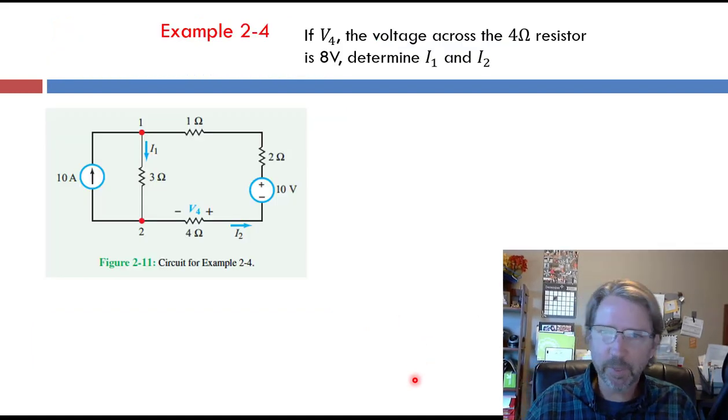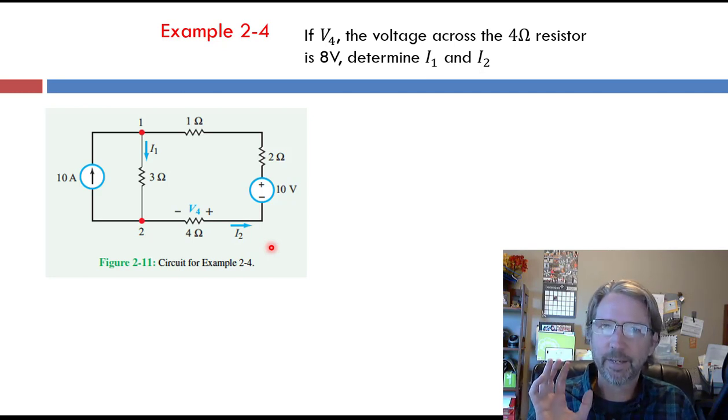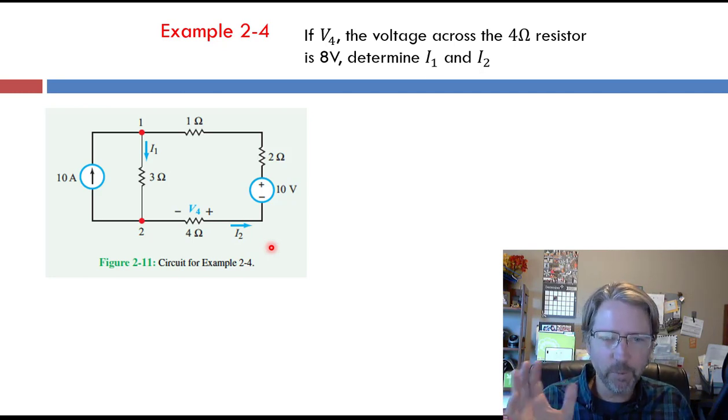So here's an example of a circuit to analyze. And we're given V4, the voltage across the 4 ohm resistor, shown here as 8 volts. And we want to find I1, shown with an arrow going down, and I2. So I'll preface this by saying, at this point, we don't have a really methodical approach to solving these systems.